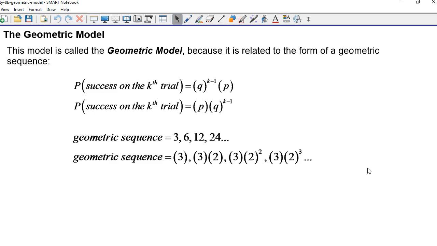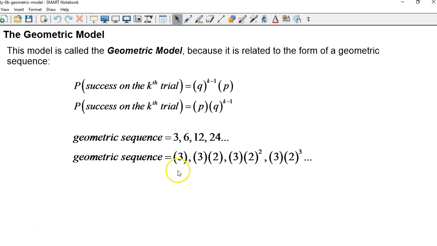So this model is called the geometric model, and the reason why it's called that is because it's related to the form of a geometric sequence. If you take our formula here, we have k minus 1 failures times 1 success. If you just reverse that, it's the same mathematically as having a success probability times k minus 1 fail probabilities. If you look at a geometric sequence, like say 3, 6, 12, 24, where we're doubling every time, 3 times 2 is 6, 6 times 2 is 12, 12 times 2 is 24.